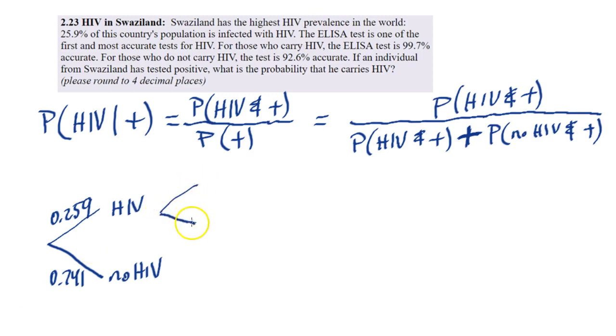And then we can go from there and say, if they have HIV, we can either have a positive or negative result. And no HIV, we could have a positive or a negative result. So they mention in the problem, for those who carry HIV, ELISA is 99.7% accurate. So that's 0.997, and this is 0.003. And from here, we can look at 0.926.